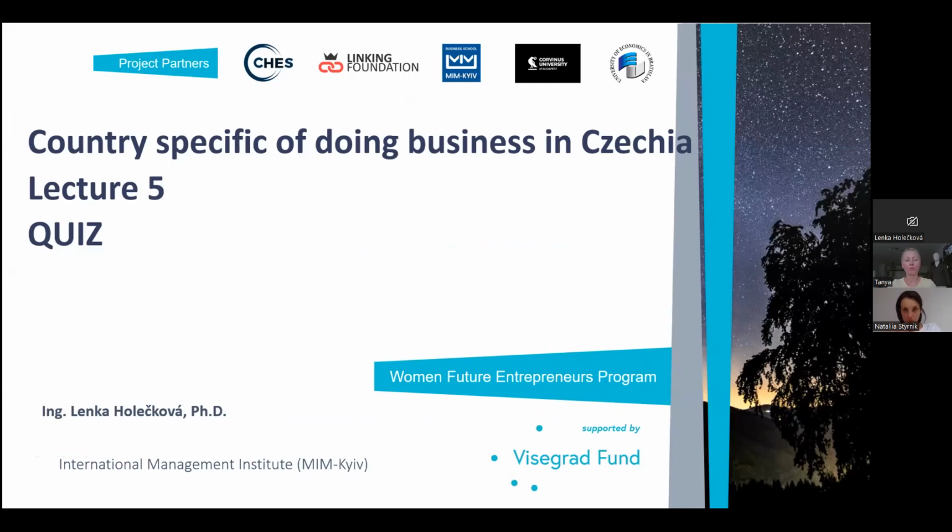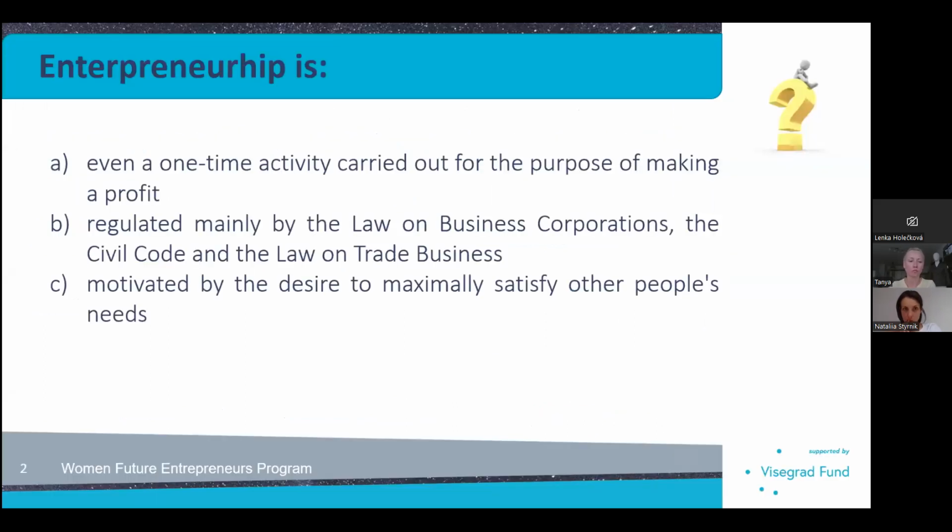Perfect. So, I have here, first of all, the definition of entrepreneurship in the Czech Republic. What is valid for entrepreneurship? Because it's based on one rule, which is called občanský zákoník or civil code in the Czech Republic.